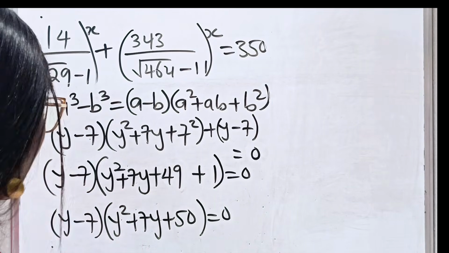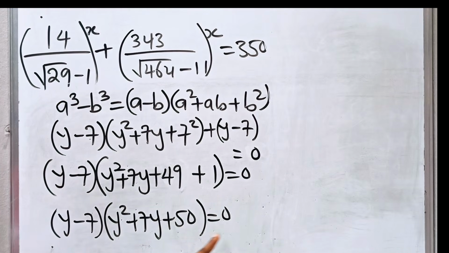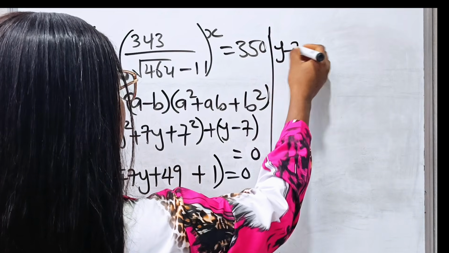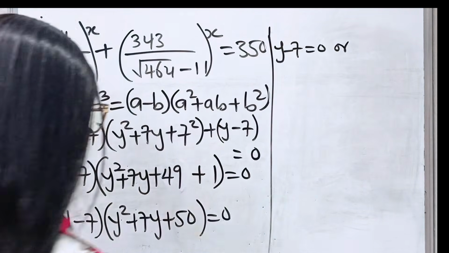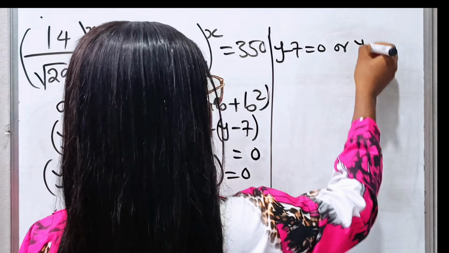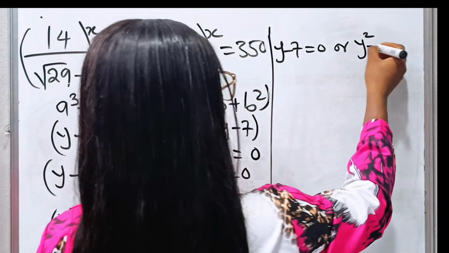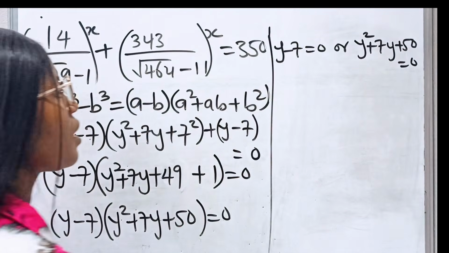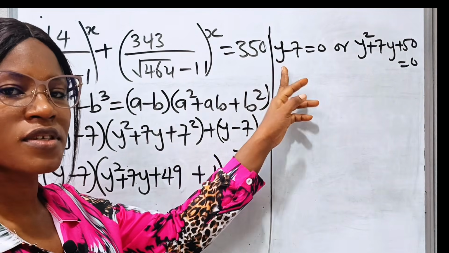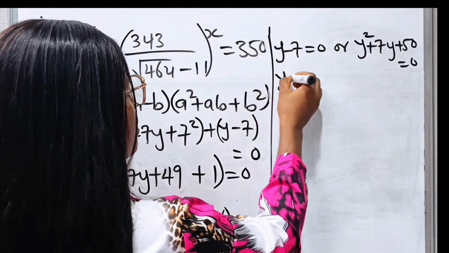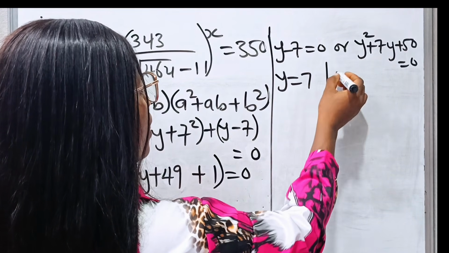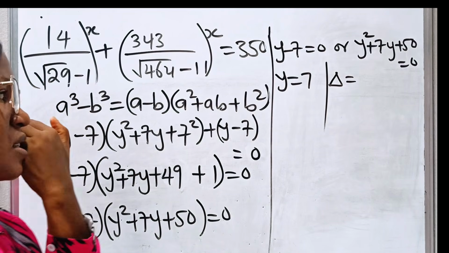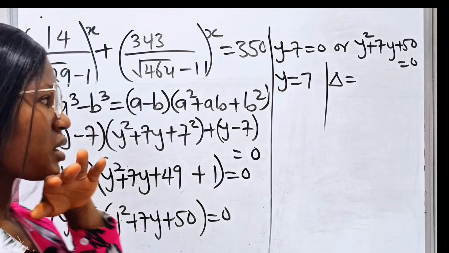So now we can say that y minus 7 equals 0, or y squared plus 7y plus 50 is equal to 0. From the left side, we can see that y is equal to 7. Now from here, let's check the discriminant, because our x is real, not complex.